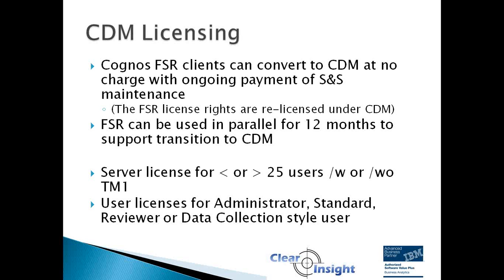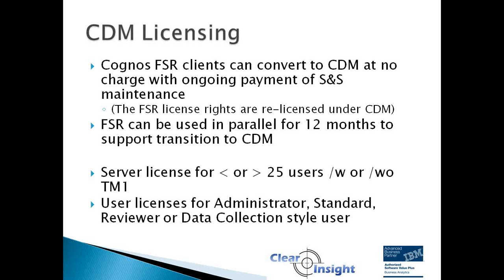Just on the surface, something to keep in mind is some folks had unlimited licensing from Clarity and moved into IBM as FCT contract type clients. If you transition from FSR to CDM and you have unlimited licensing right now, we need to work with you to define how many licenses you do need, and then everything gets reset based on that.